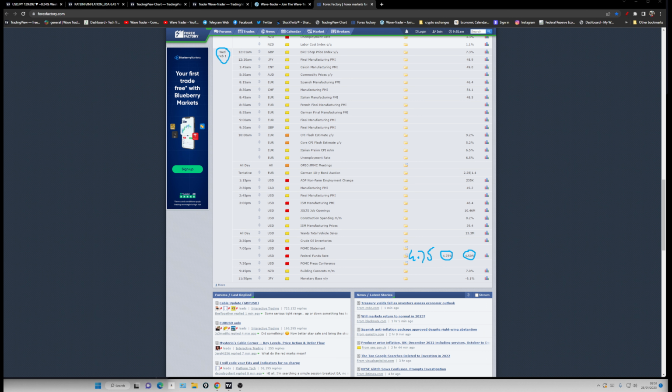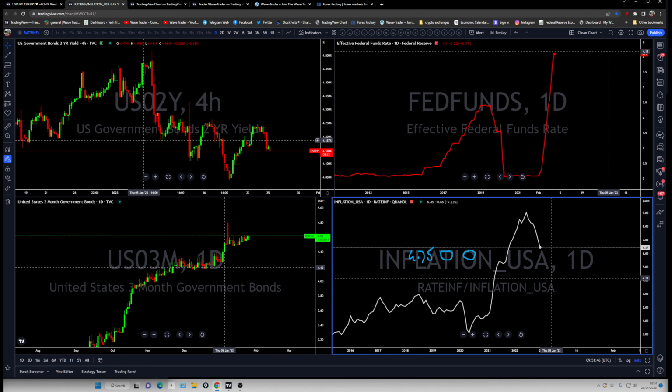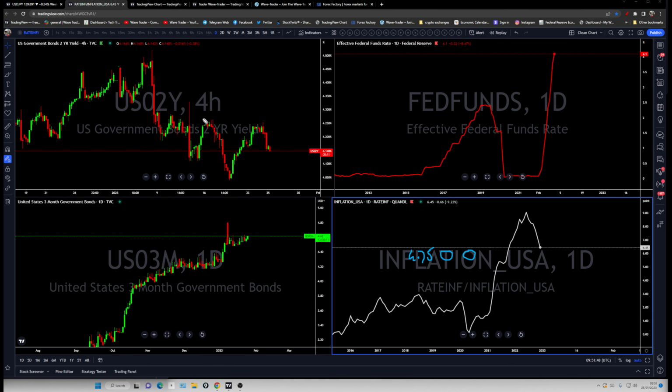Okay, now let's look at the market. Let's look at the 2-year yield. So the 2-year yield is not pricing in for that. The 2-year yield should be above 475. So what the market is expecting is that in 2 years' time rates are going to fall.